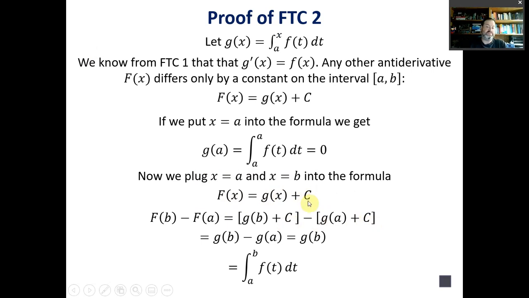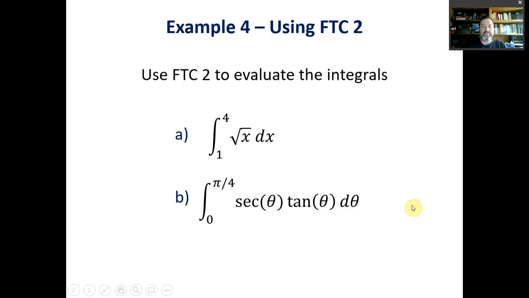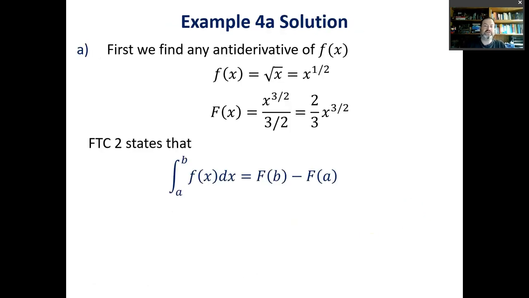So if I choose to make it plus c minus c, no matter what happens, it gets subtracted. That's why when we're doing this, don't worry about the plus c. If you're instructed to find any antiderivative, not a specific one, don't worry about the plus c. If you're told to find the most general antiderivative, you need the plus c.